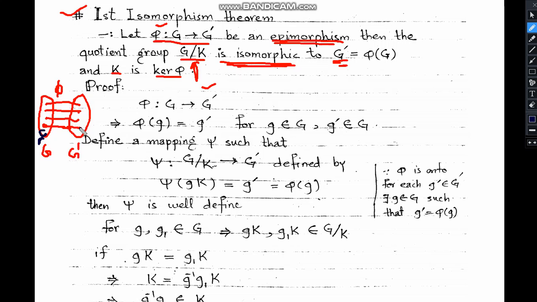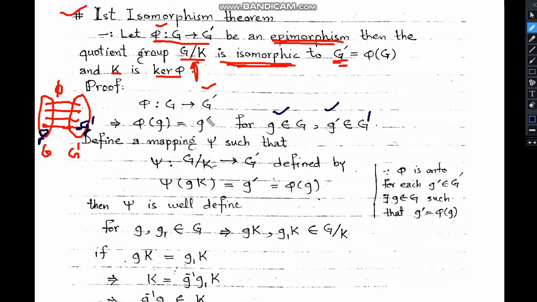So there will be one more element in G dash, which is g dash. Here the mapping of this g is g dash. So these are two elements: one is g, which belongs to G, and the second is g dash, which belongs to G dash. And here we are seeing that the mapping of g is g dash.